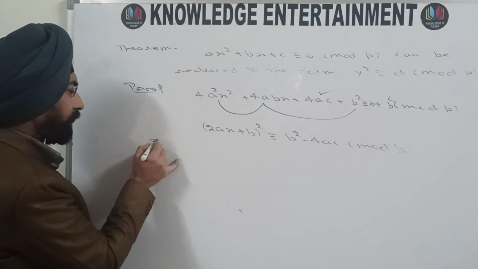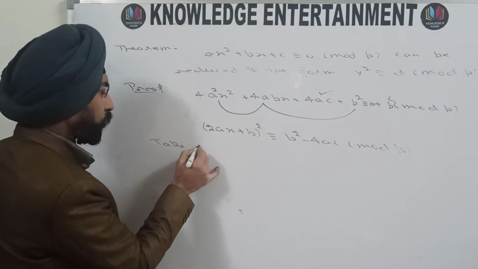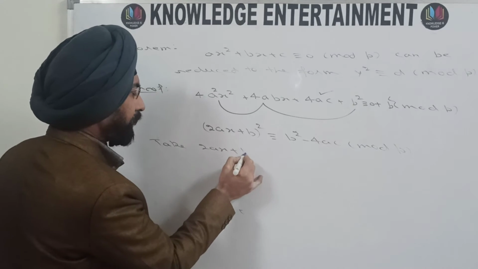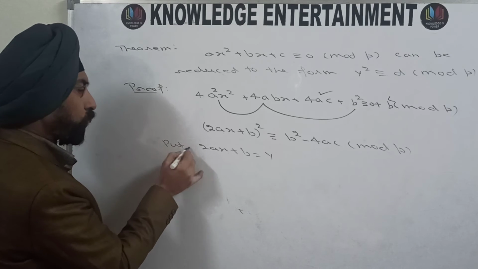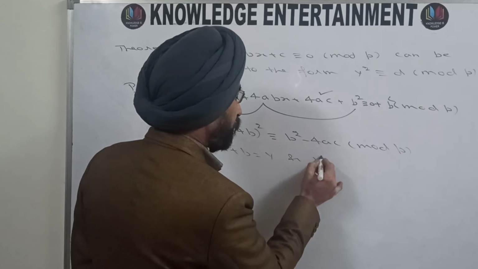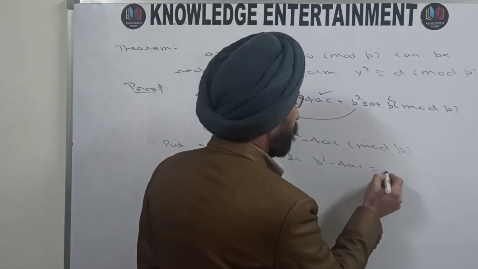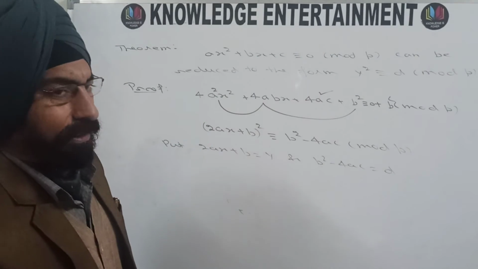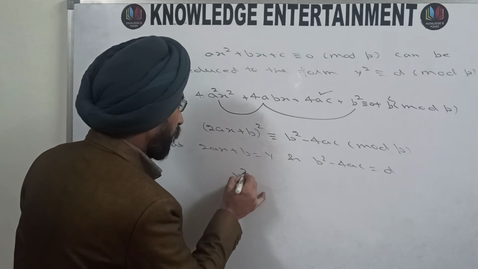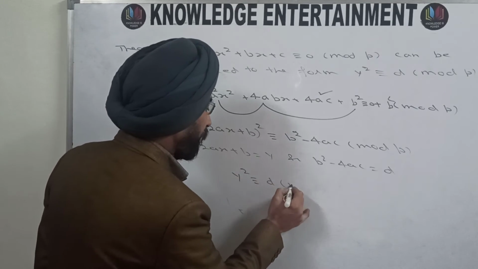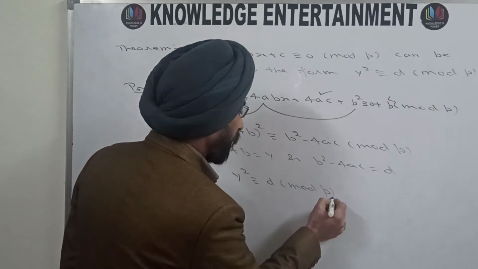So take this 2ax plus b equal to y, and put b square minus 4ac equal to d, and you will get that this equation can be written in the form y square is congruent to d modulo p.